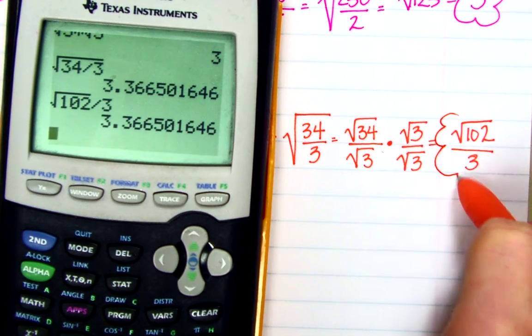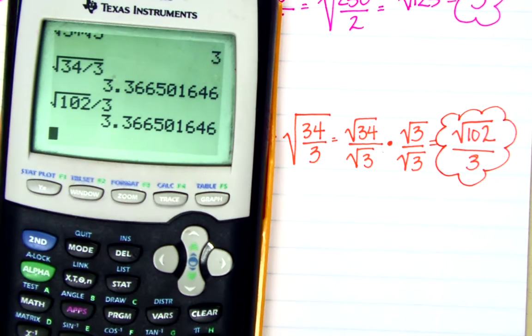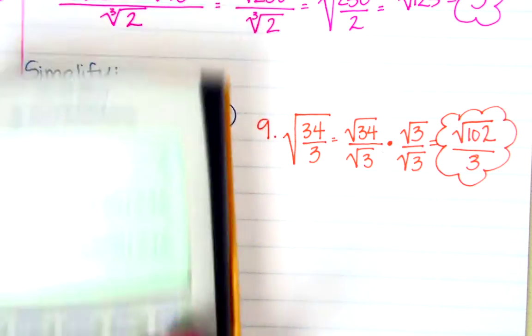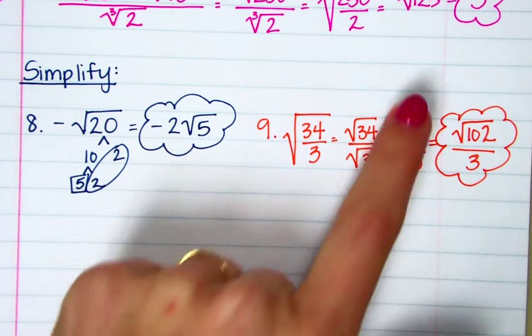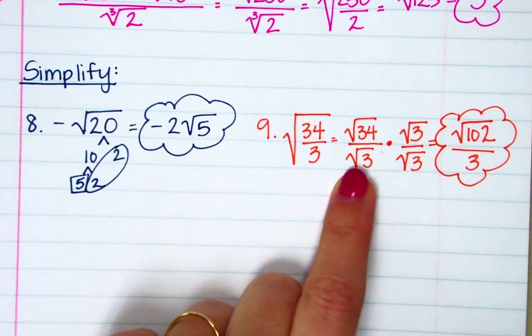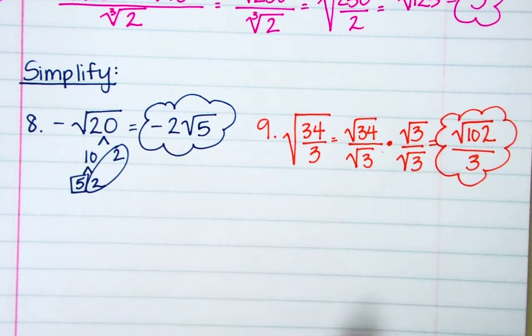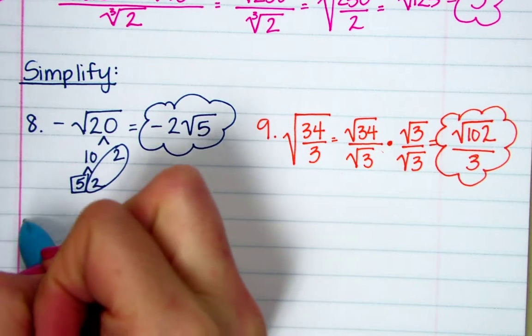The calculator doesn't worry about the format, but we do. You can't have a fraction underneath the radical. You also can't have a radical on the bottom. So you multiply the top and the bottom by whatever's on the bottom. All right, we got one more. Number 10.